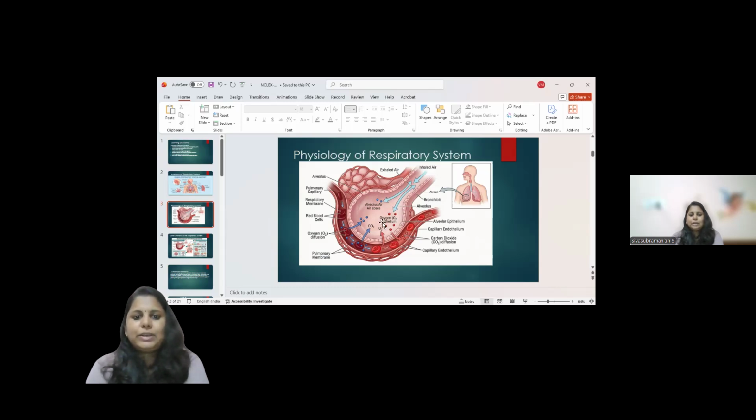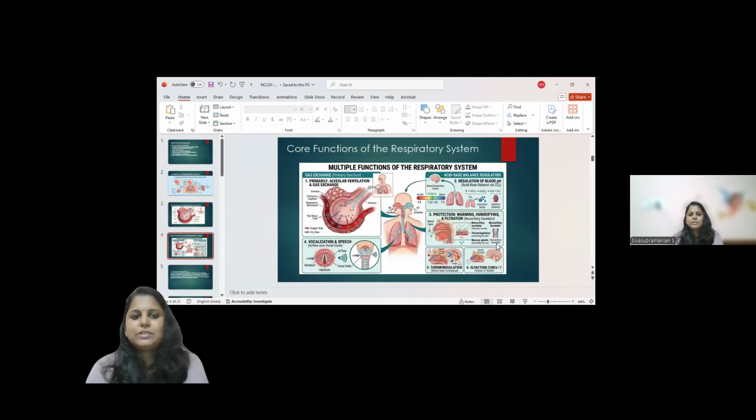Here in the alveoli, the inhaled air will diffuse into the bloodstream. Once the diffusion takes place, at the same time the carbon dioxide leaves the bloodstream. This is how gas exchange takes place during inspiration as well as expiration. I hope you understand the physiology of the respiratory system.